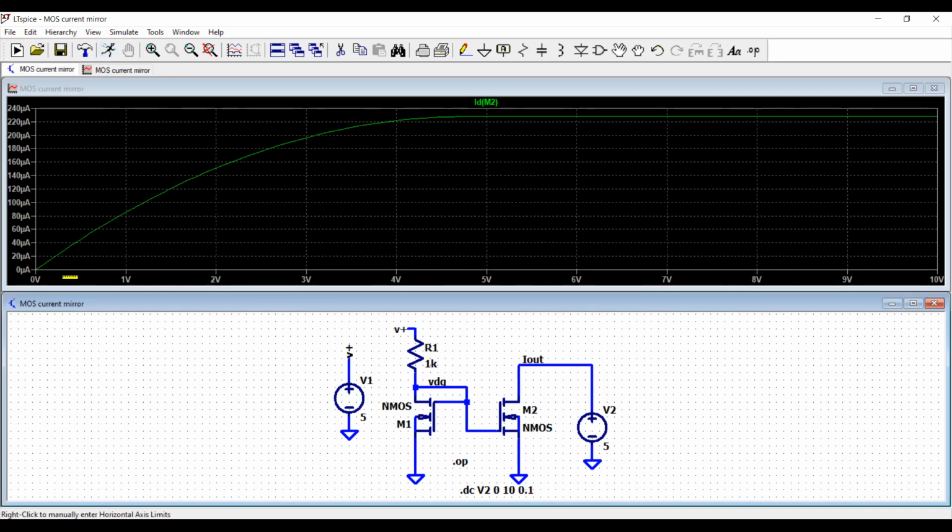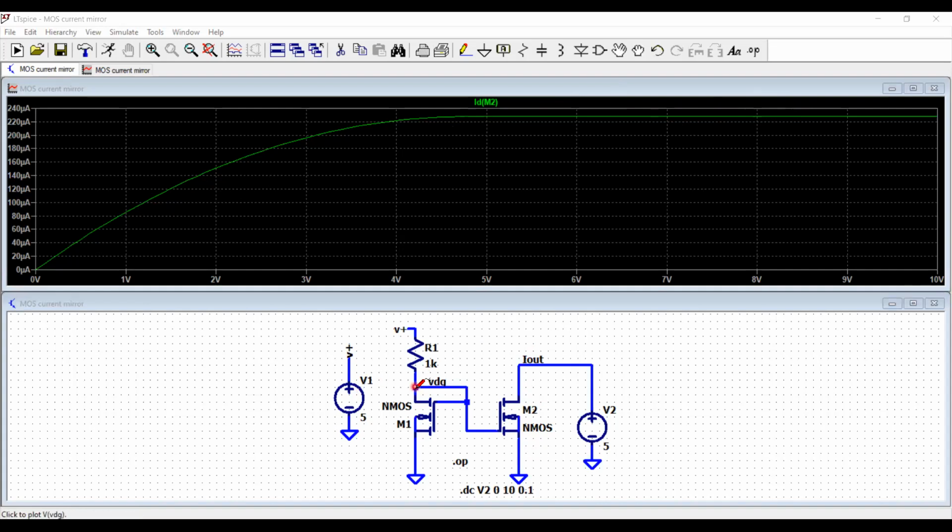Much better. Here, after running the second analysis, up to 5 volt I have to keep across the transistor M2. Up to this level, just below 5 volt, I need that much voltage across transistor M2 to keep it in the active mode, which is this region. Otherwise, below 5 volt I'm operating the transistor in the triode mode where the current is not constant, but here is the constant current.